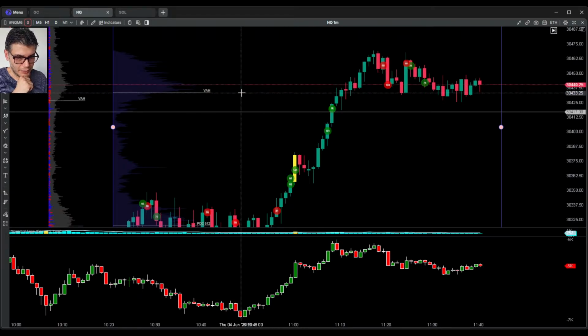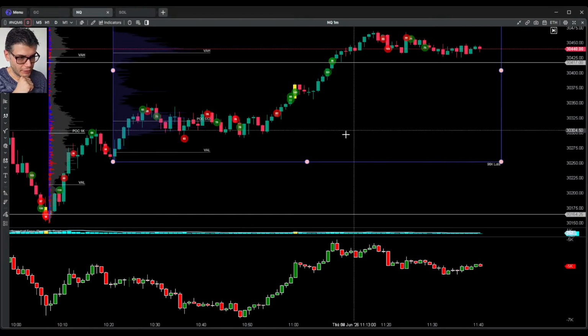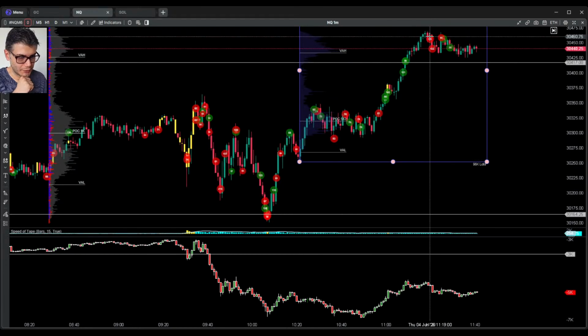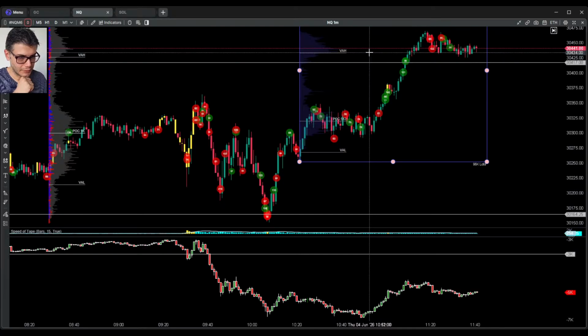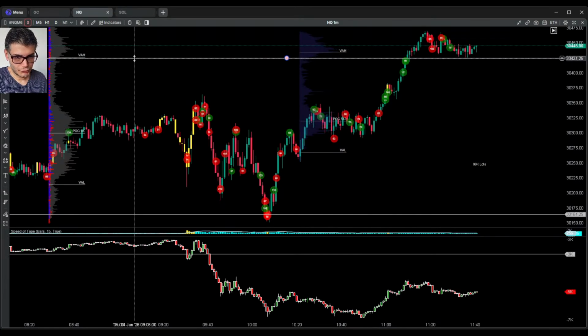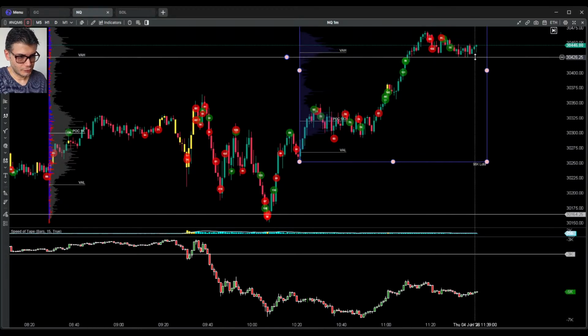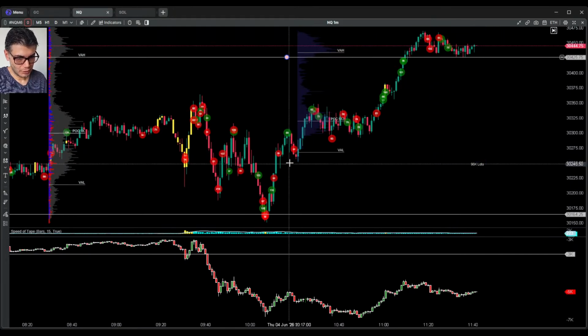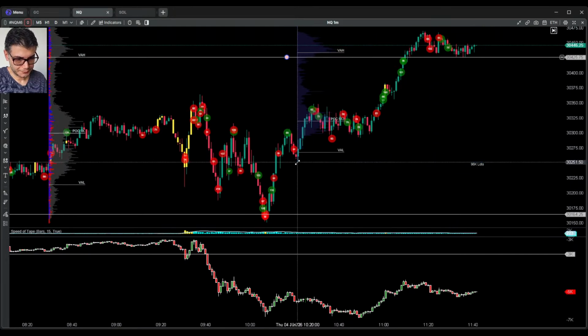Look at the value area high of this range. The value area high of this pivot low to this pivot high is now here. Sellers, the value area high of the day also shifted higher. That's a good sign. We need sellers to step in and push the price below this level. I might get stopped, but if I see a reversal, I would participate again.